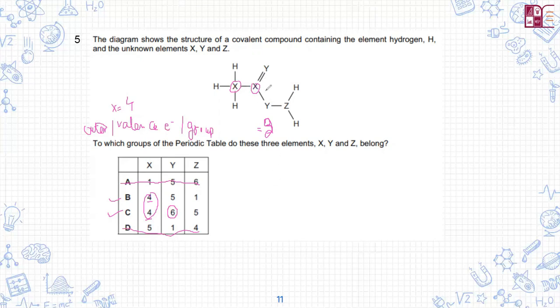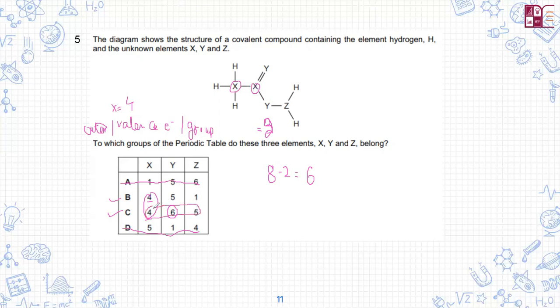Y is going to be in group 6 because it is only sharing 2 bonds with the next atom. So it only needs 2 more electrons to complete its outermost shell, which means it is in group 6. So this one is going to be correct.